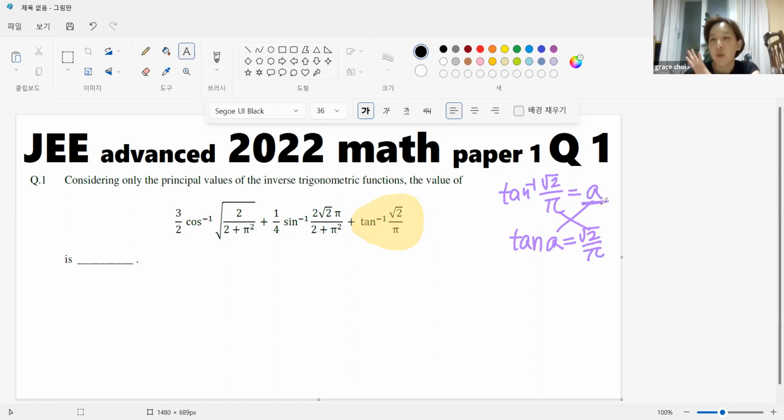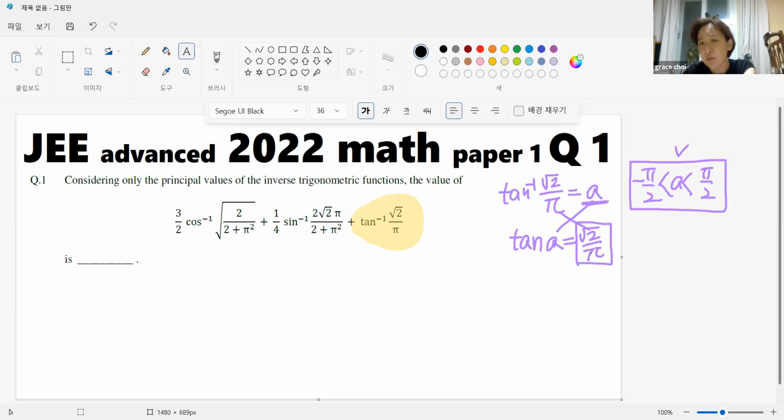A exists in the range of the inverse trigonometric function, right? So, A is between minus pi over 2 and pi over 2. That is an interval. But this is a specific value, so using the tangent graph, very simply.